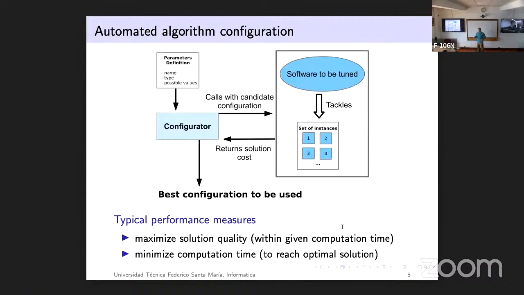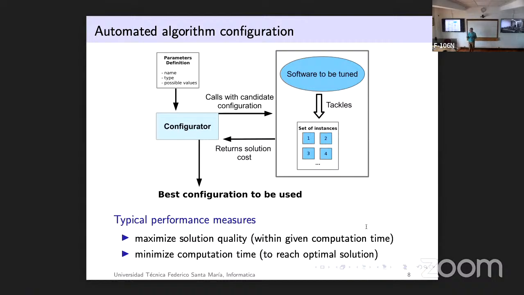And if you have automatic algorithm configuration techniques, the first thing you have is the parameters. These are the names of the parameters, the type of the parameters, and possible values. Then there is the configurator. The configurator is the thing that makes the automatic configuration. This configurator calls the software to be tuned with a candidate configuration.